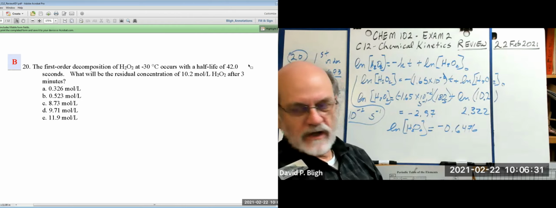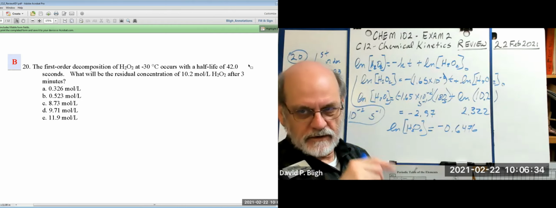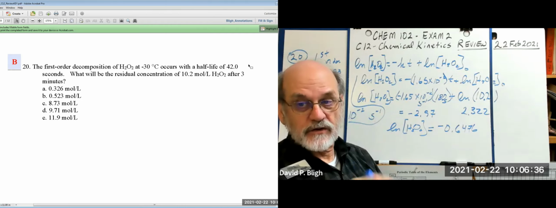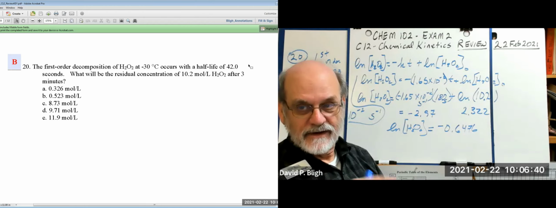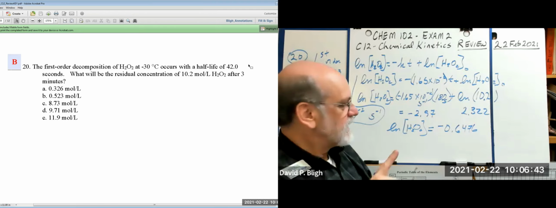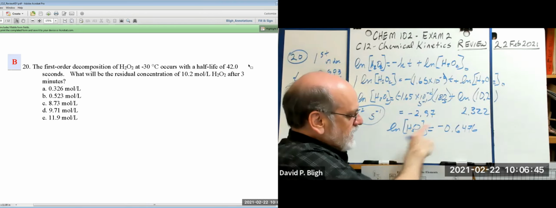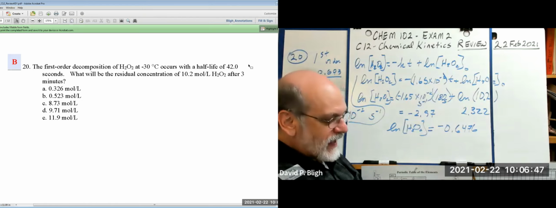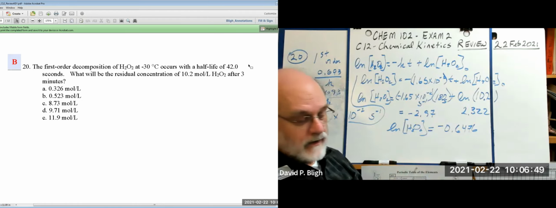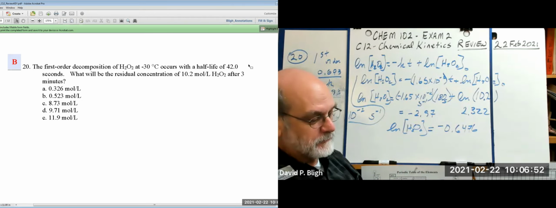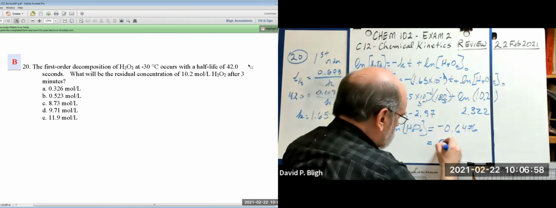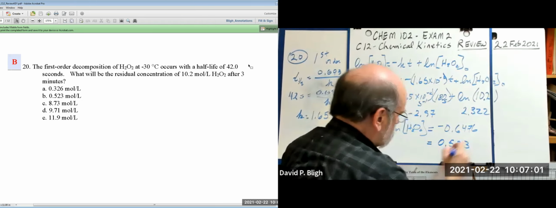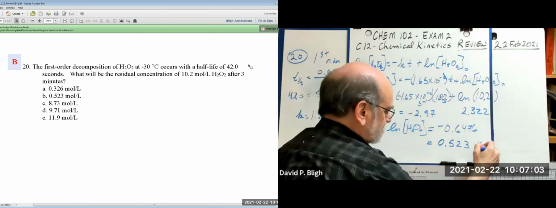It says natural log, and then the shift or the function change is to the common log. But right next door to it is e to the x. That's the one you're looking for. e to the x would be e to this power. So all I have to do on my calculator, since it's already there, I just press my e to the x button, and voila, 0.523 molar.